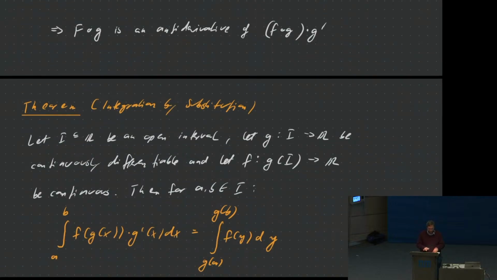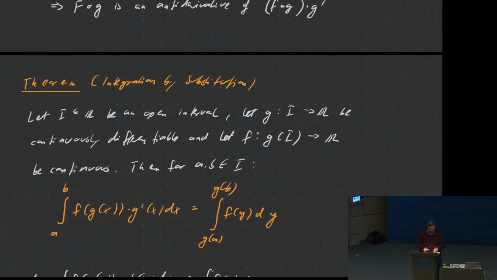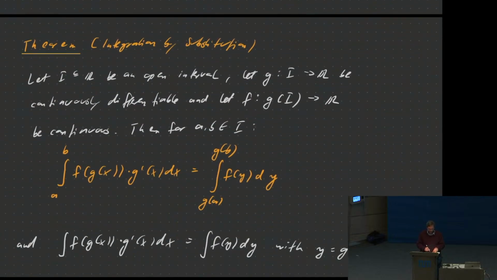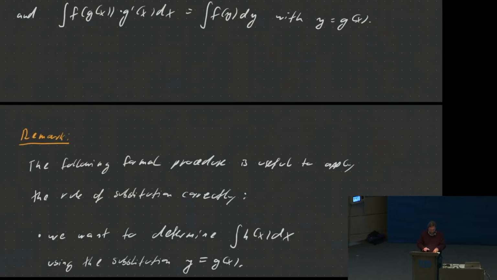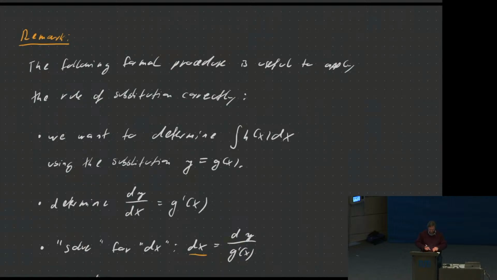That might not always be easy. So that's why it's a little hard to write that formula down correctly. Here's the formal notation, but I guess we don't want to dwell too much on that. Let's rather have a look at this formal procedure. So there's a formal procedure that makes it easy to apply that rule, and we rather talk about that now.